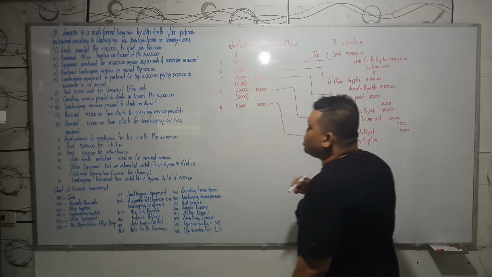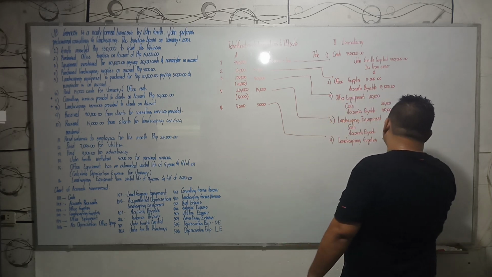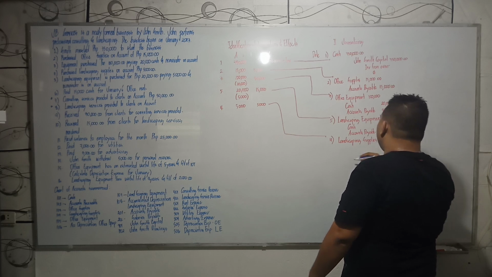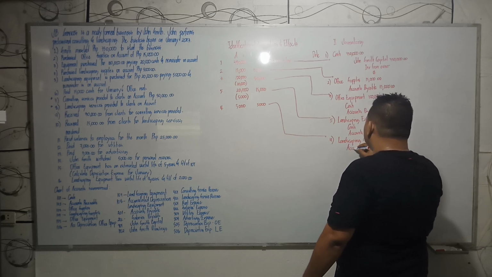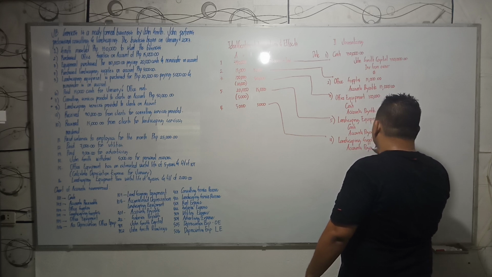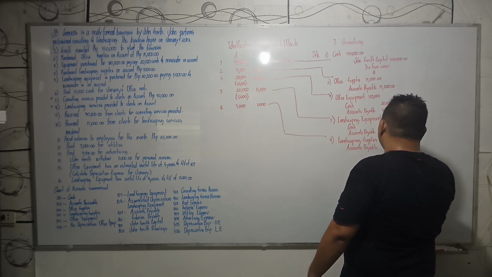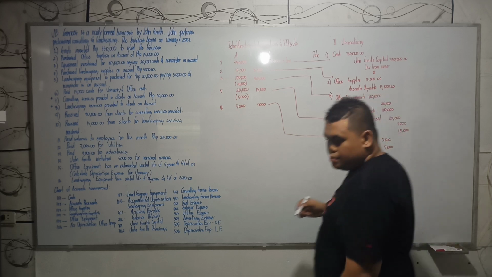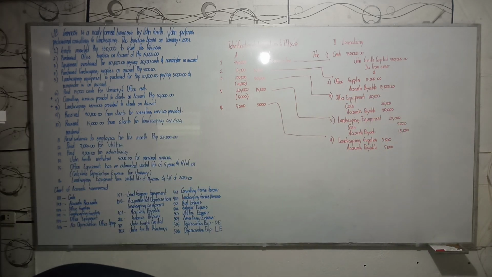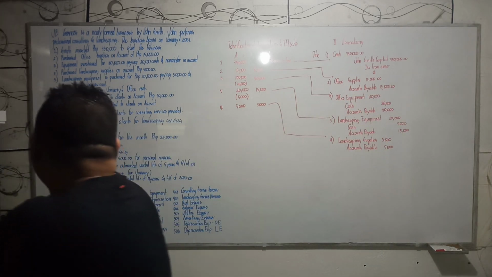How much is the landscaping supplies? That's 5,000. And then we have accounts payable, 5,000. Okay? Now, let's go to number 6.